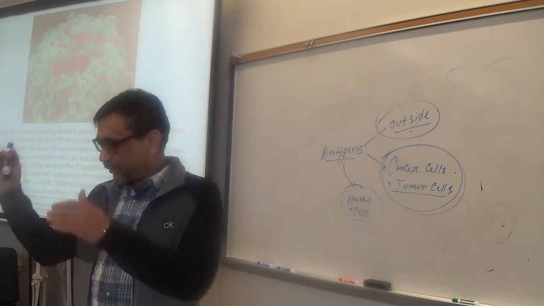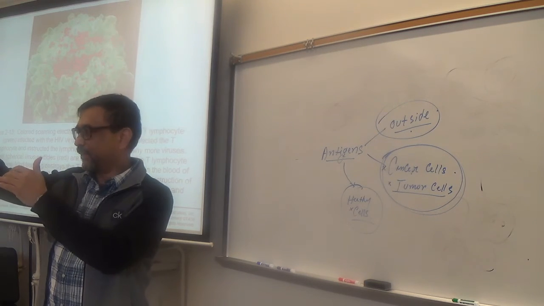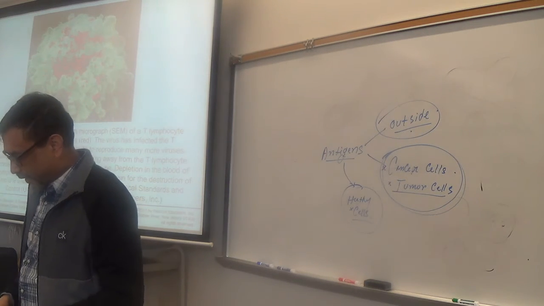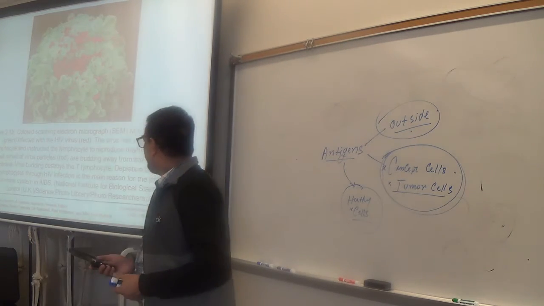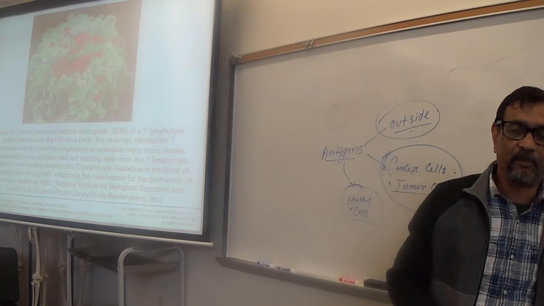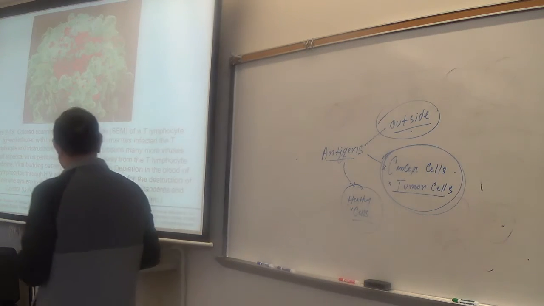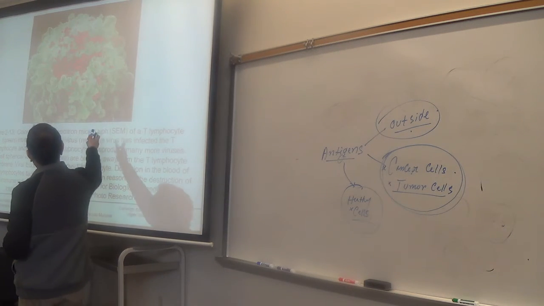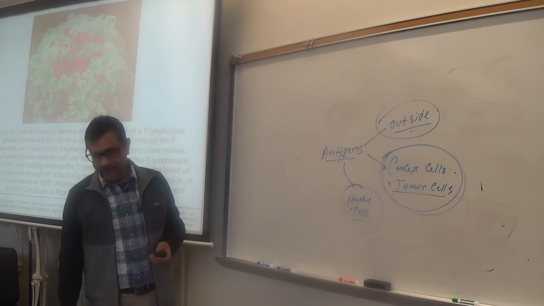Now we'll talk about. So you got 3 types of hypersensitivity, right? And certain diseases. Now we'll see a disease that is called AIDS, acquired immune deficiency syndrome, or AIDS.